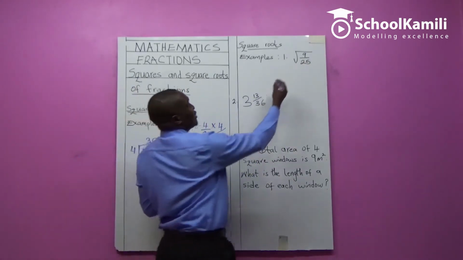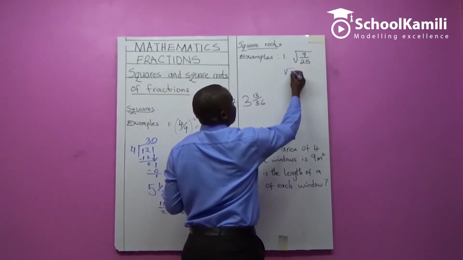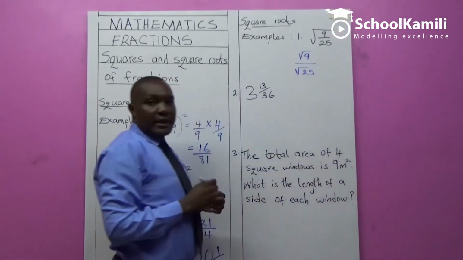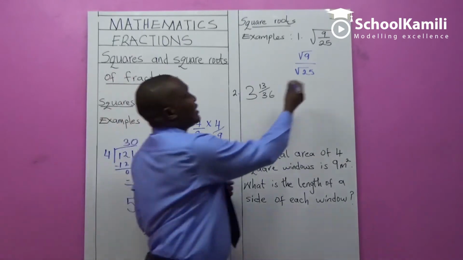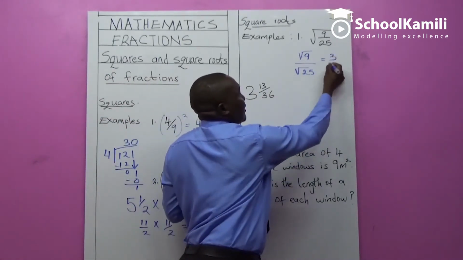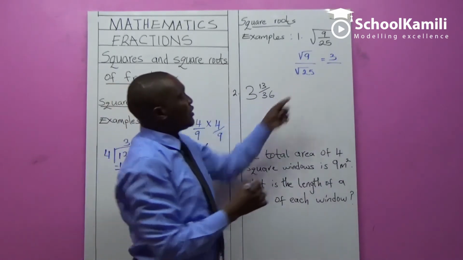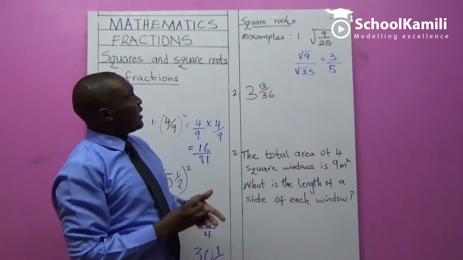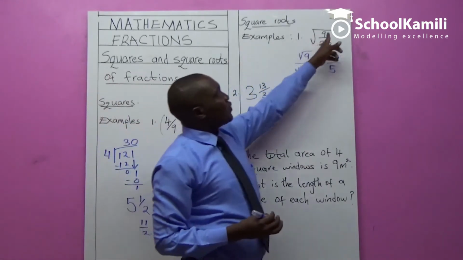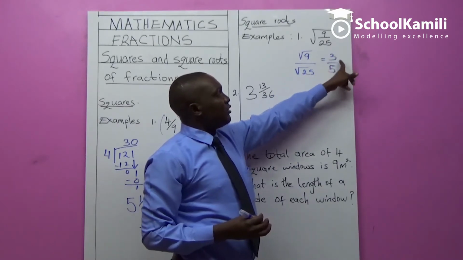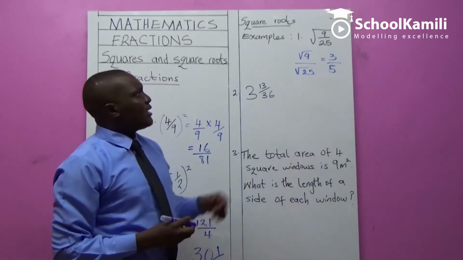For this case, you get the square root of 9 and also the square root of 25 separately. We already know that the square root of 9 is 3 and the square root of 25 is 5. Which means if you have been asked to get the square root of 9 over 25, the square root will be 3 over 5.